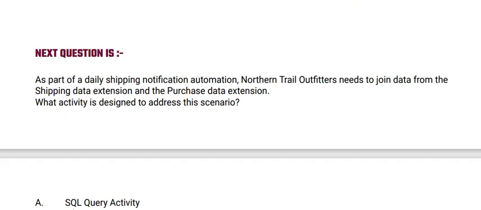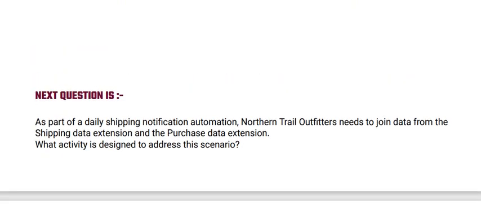Next question is: as part of daily shipping notification automation, Northern Trail Outfitters needs to join data from the shipping data extension and the purchase data extension. What activity is designed to address this scenario?